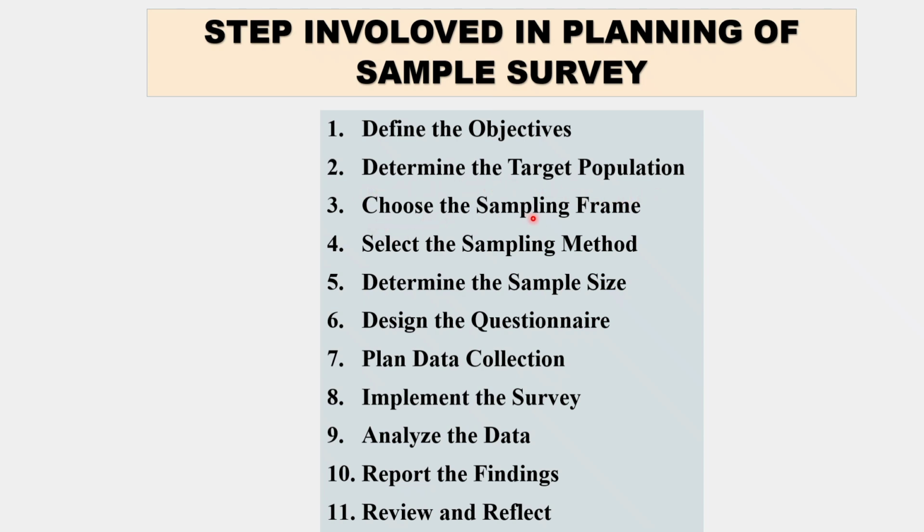Third one is choosing the sampling frame. Fourth one is select the sampling method. Fifth one is determine the sample size. Then design the questionnaire, plan data collection, implement the survey, analyze the data, report the findings, and finally review and reflect. Now let us study one by one.